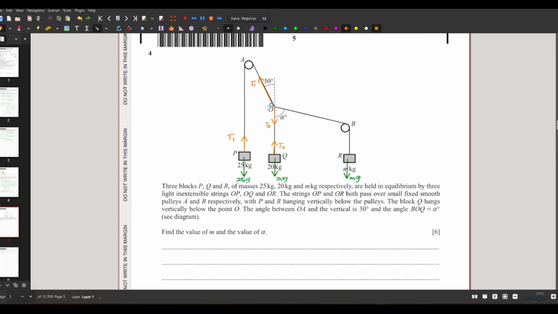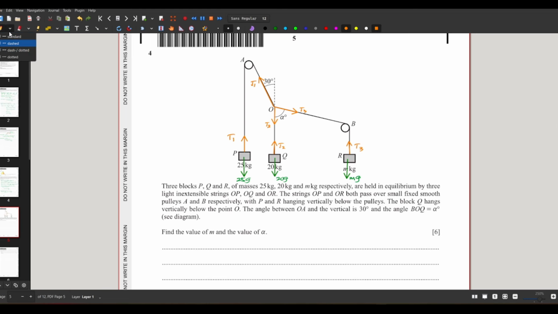Okay, how about this one? So we have a tension upwards. Let's take T3. So we have that tension, and also since it's the same here, this one is also T3. So this is T3. This is also T3.